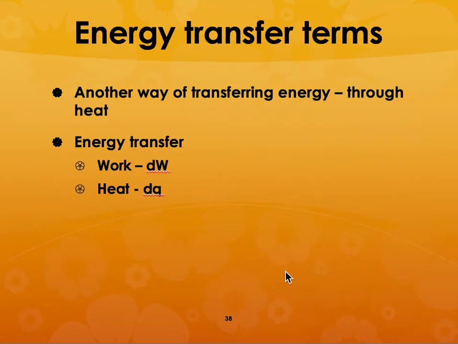The other thing that you want to know is that the other way of transferring energy is through heat. So you can transfer energy through either work or by heat. Work is termed as dW and heat is termed as dq.